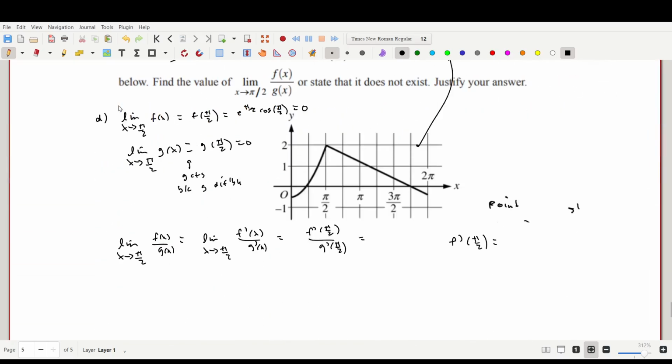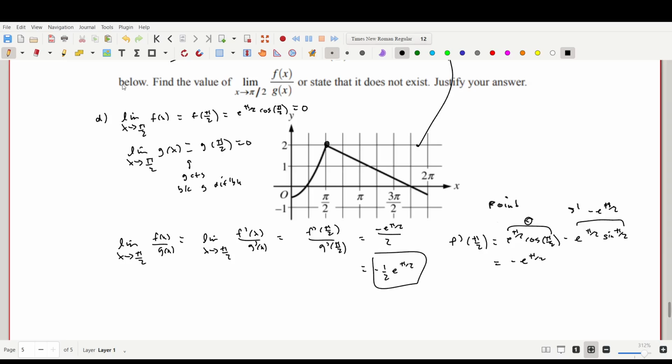Okay. e to the pi over 2 cosine pi over 2 minus e to the pi over 2 sine pi over 2. And that's going to be negative e to the pi over 2, because that one is 0 and this one is negative e to the pi over 2. So negative e to the pi over 2 over, it looks like 2, right? I guess that's it. Negative a half e to the pi over 2. I have no idea if any of these answers are right. Let's just check.